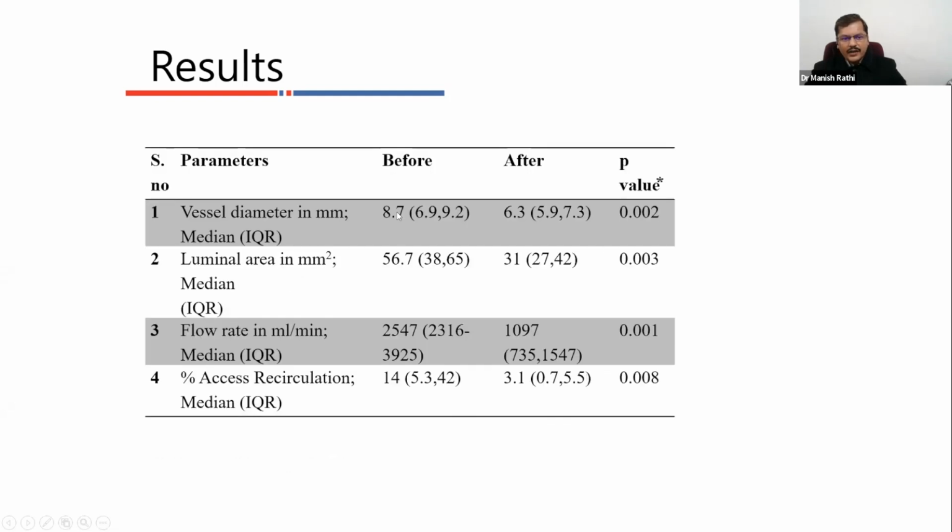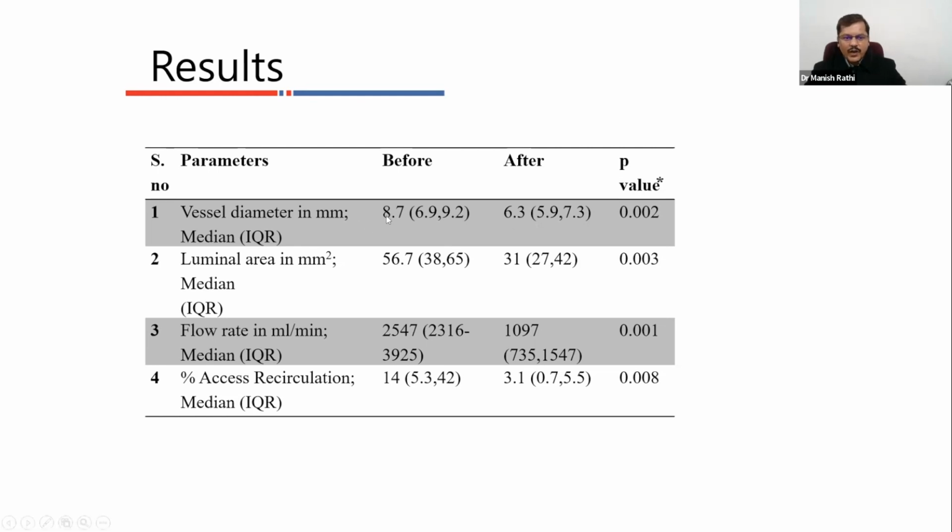The mean arterial diameter, this is the brachial artery diameter before the procedure, was 8.7 millimeters, which reduced immediately. This is immediately after the procedure, on table, I am saying. The good thing about this is that you can actually judge the success of your procedure on table itself.